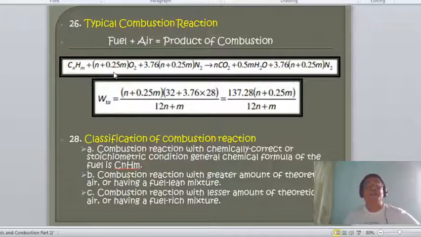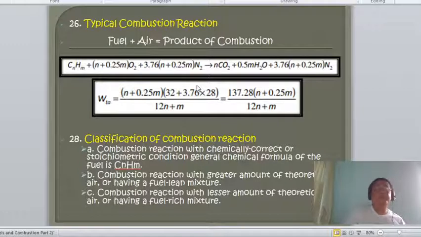The derived equation, if the chemical formula of the fuel is known, is equal to 137.28 multiplied by the number of moles of carbon plus 0.25 number of moles of hydrogen, divided by 12 times the number of moles of carbon plus the number of moles of hydrogen. So this is now the derived equation.